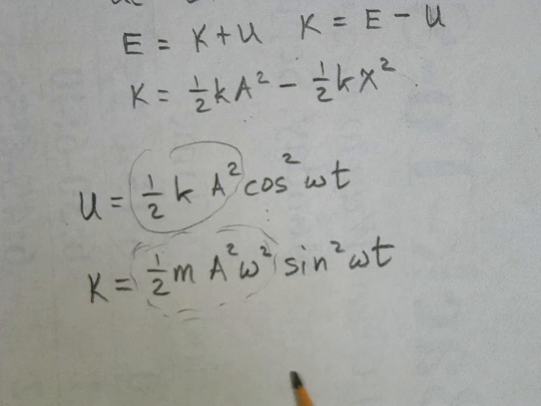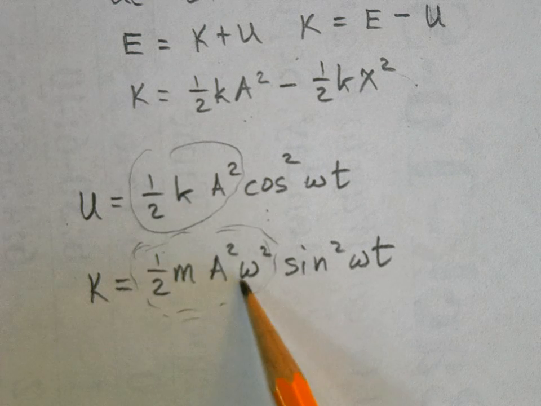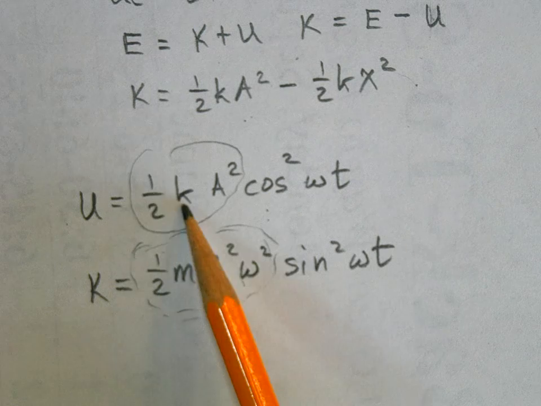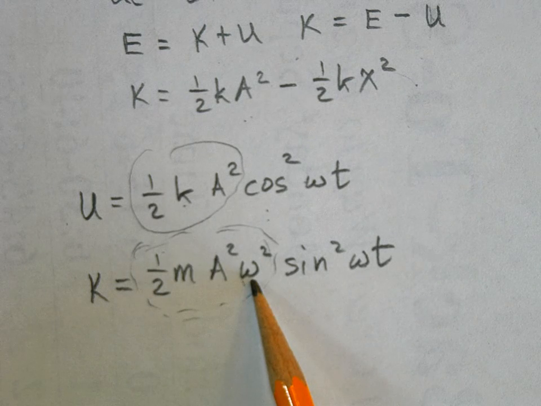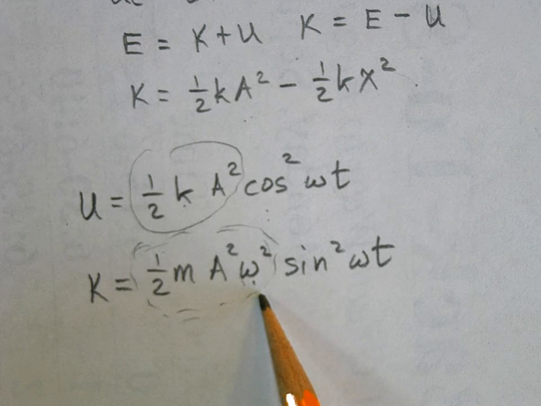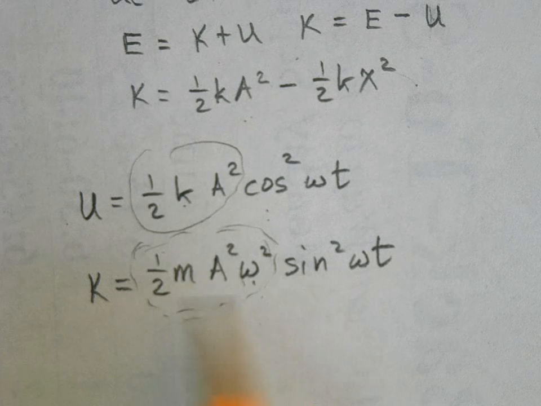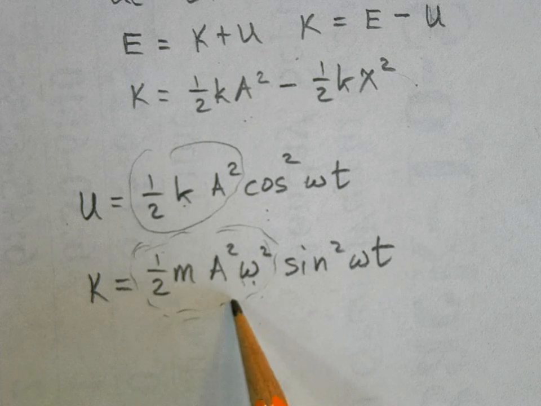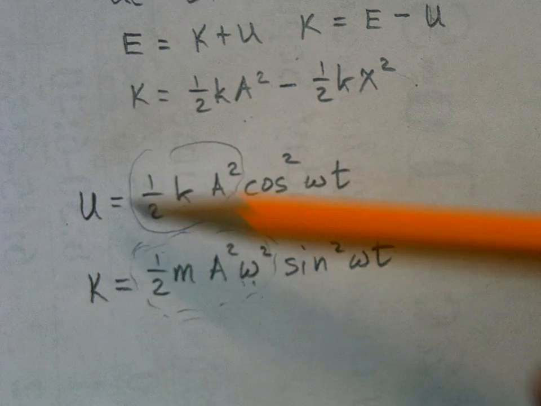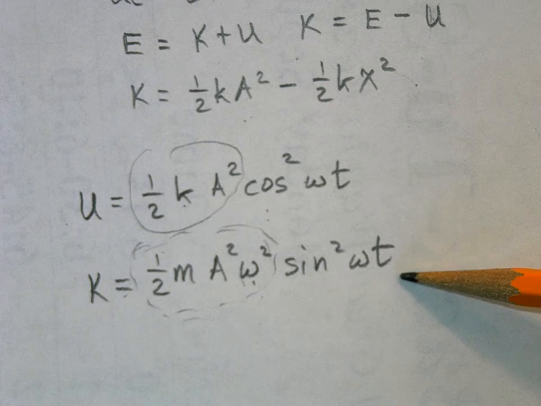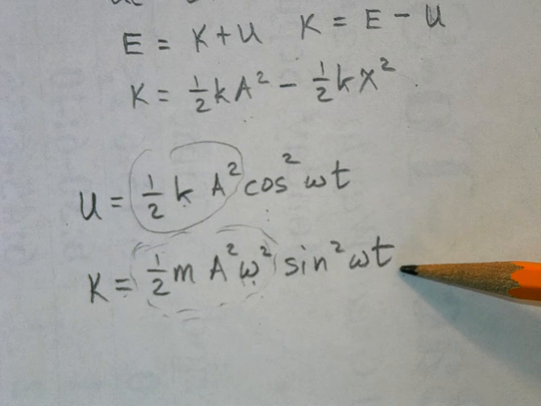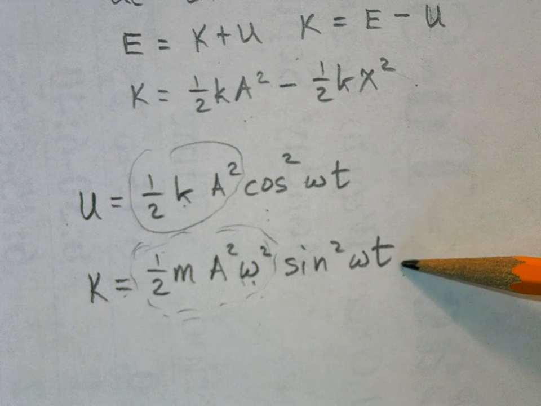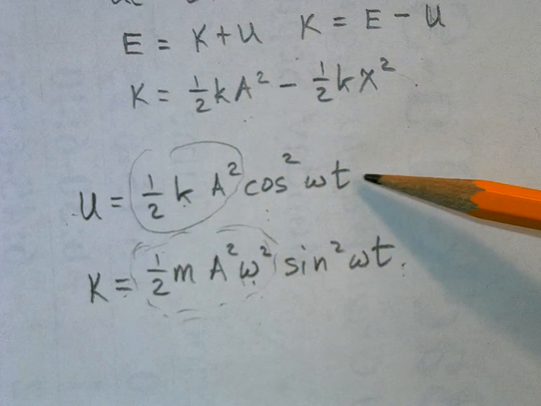And actually it's the same as this. This reduces to 1/2 ka squared because omega squared is k over m, so the m's cancel, and you get 1/2 ka squared. So the kinetic energy function as a function of time is a sine squared wave, and the potential energy is a cosine squared wave.